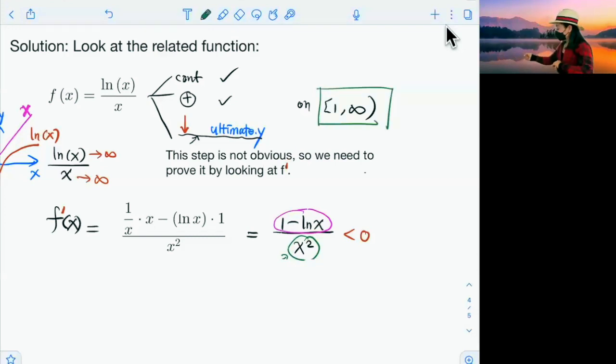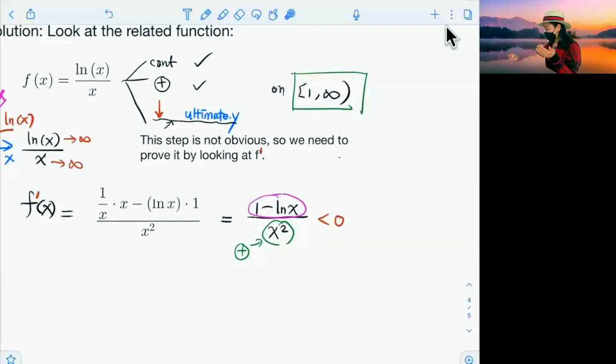So the denominator is always positive on 1 to infinity. So the sign of this is going to depend on the numerator on top, isn't it? So when will the numerator be less than 0?